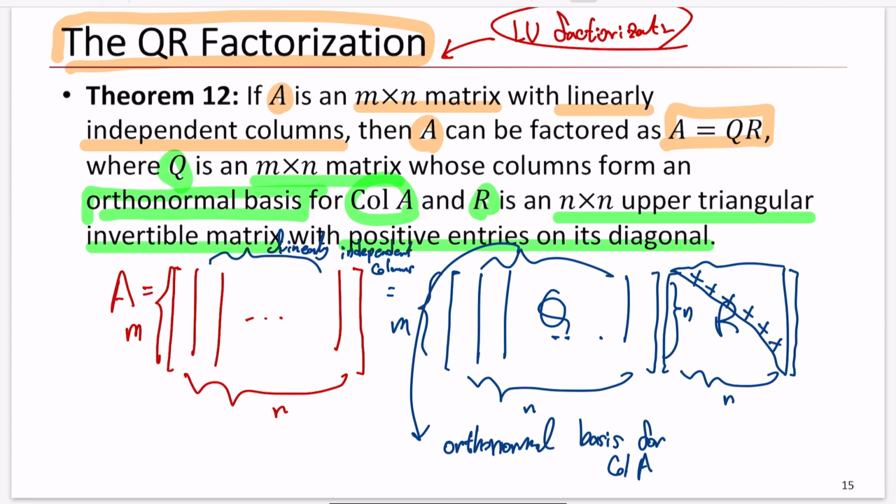In this case, we call this a QR factorization.